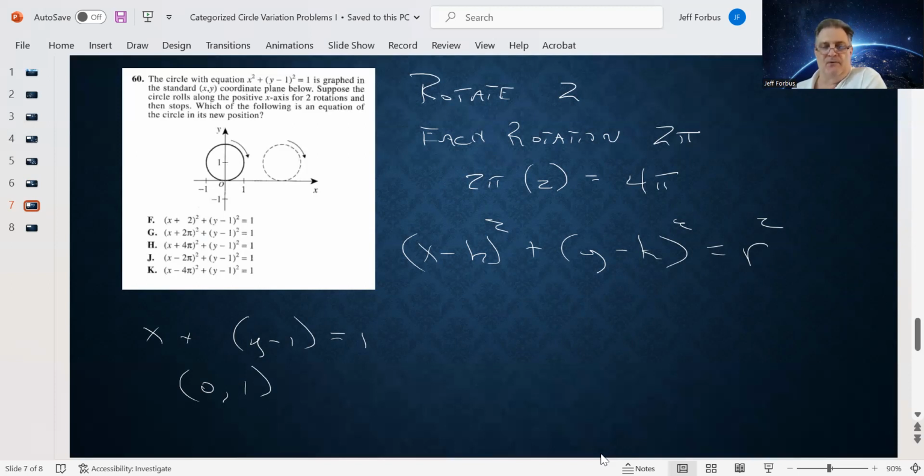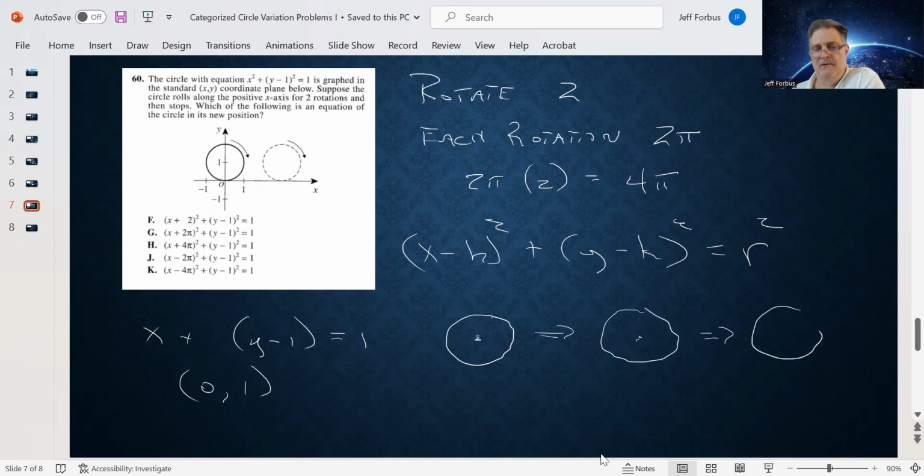As that circle rotates, the center of the circle is going to stay at the same y value, 1, no matter what. So that's why the value of 1 is associated with this part of the equation.